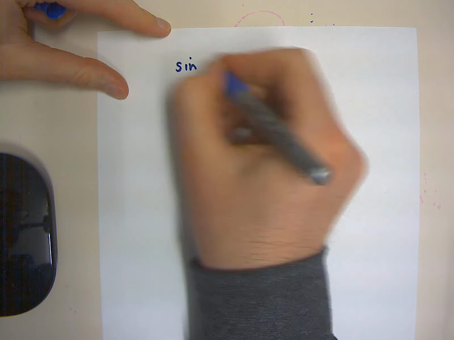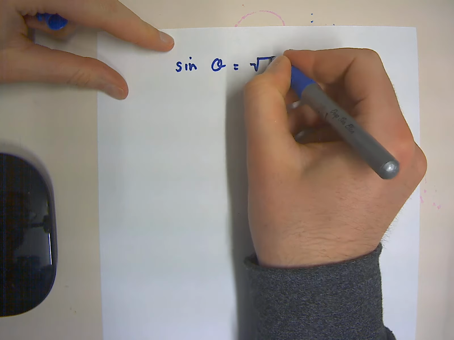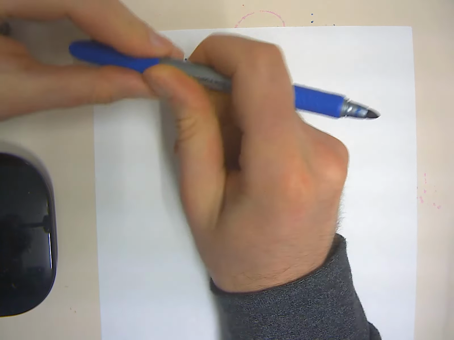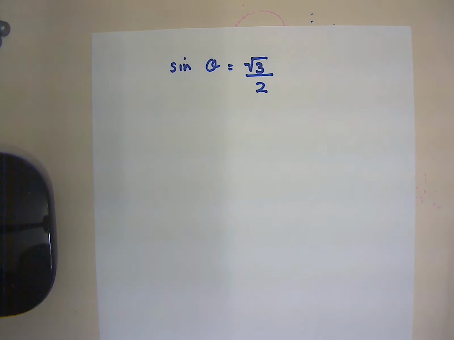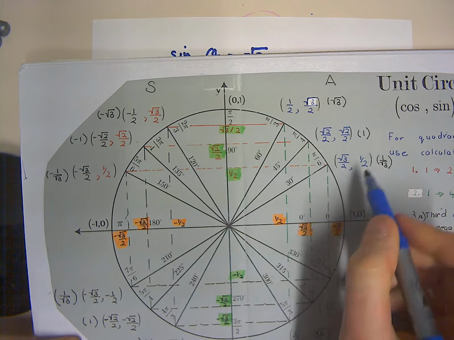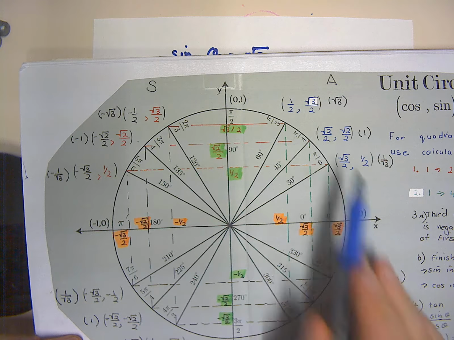Now, if I had a trig equation, something like sine theta equals root 3 on 2. To solve this one, I would first go to my unit circle. And looking at my unit circle, I would be looking for y coordinates where I get positive root 3 on 2.